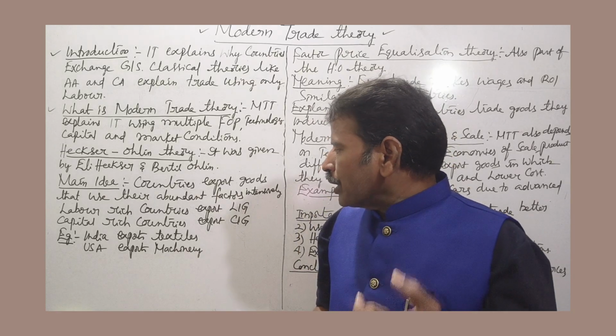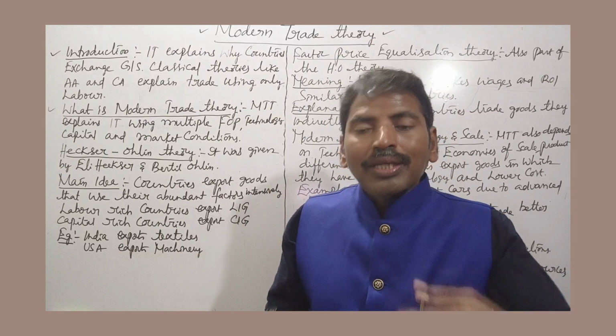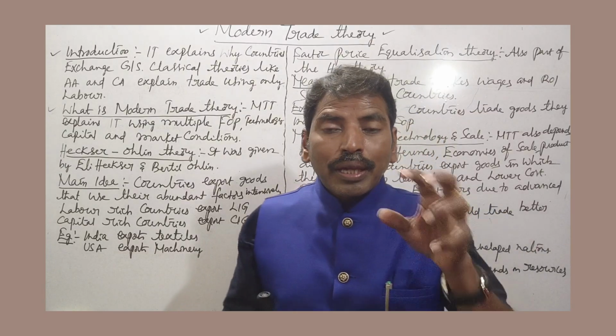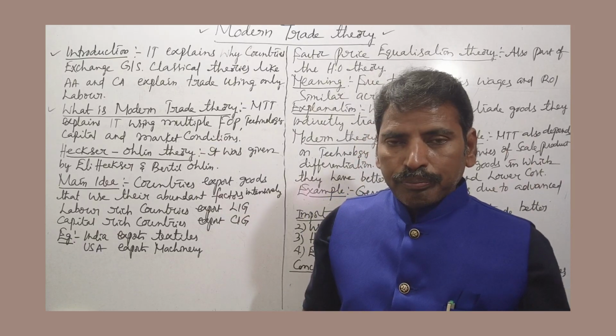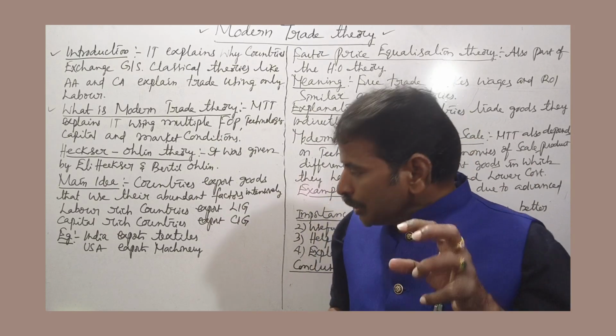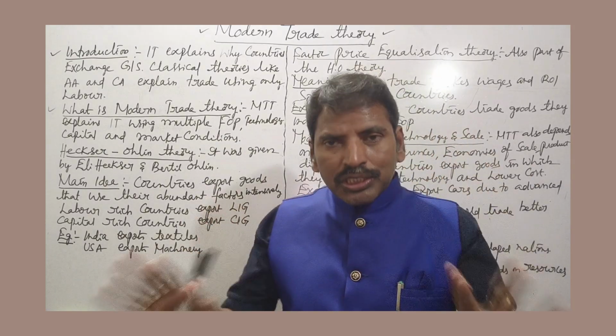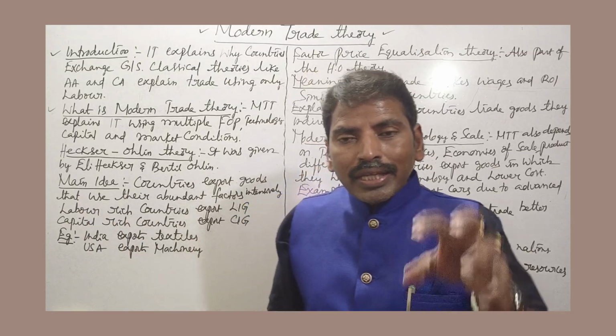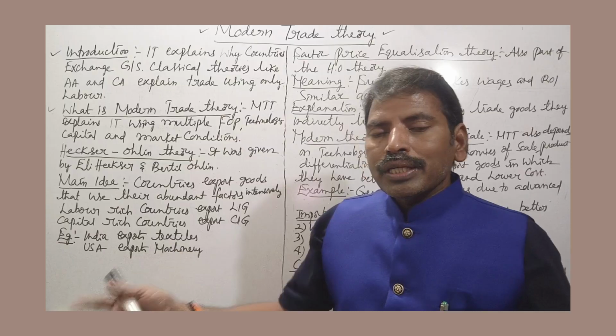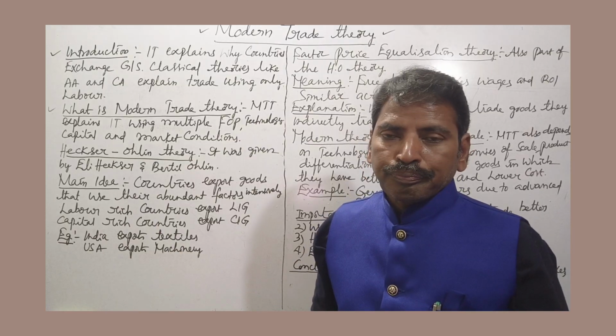So, labor-rich countries export labor-intensive goods. Capital-rich countries export capital-intensive goods. For example, India exports textiles, which are labor-intensive goods. The USA exports machinery, which is a capital-intensive good.